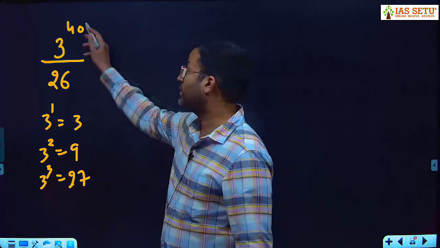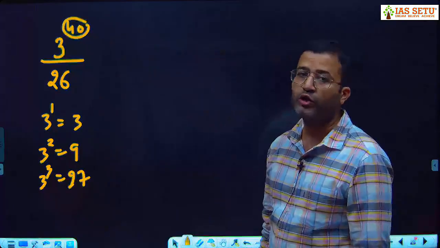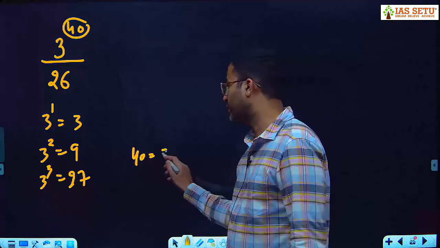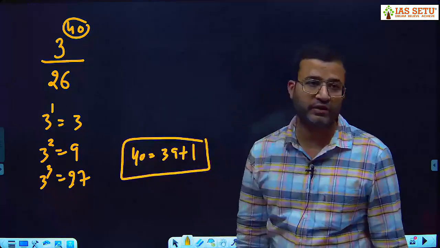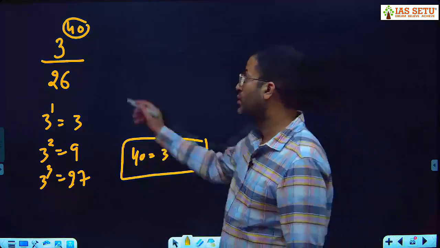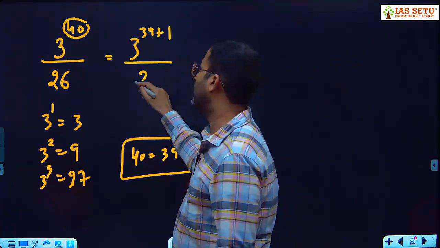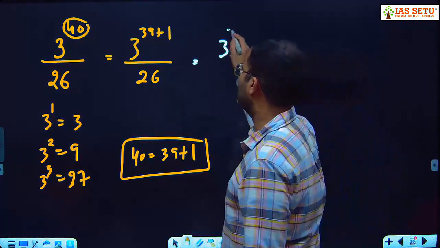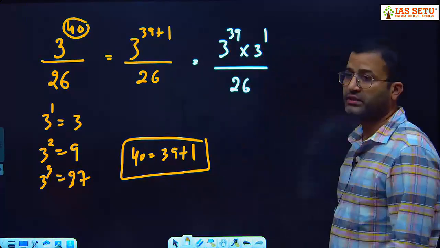Perfect. But the problem is this 40 is not an exact multiple of 3. When 40 is not an exact multiple of 3, you have to do one extra step. You have to break 40 as 39 plus 1, because up to power 39, it's okay. So we write it as 3 to the power 39 plus 1 divided by 26. So next is 3 to the power 39 into 3 to the power 1 divided by 26.